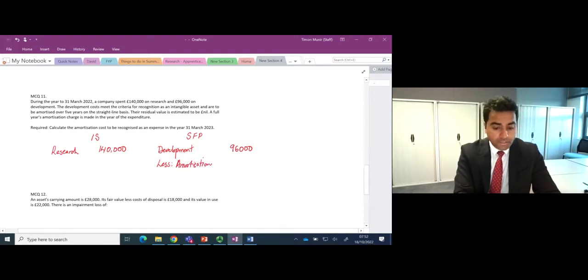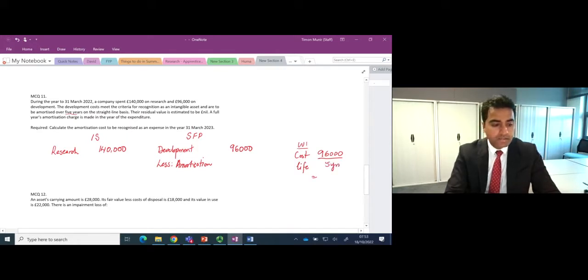And in the question, I've been told that this development cost is to be amortized over 5 years. Therefore, in my workings, I will record the 96,000, which is the cost of the development, divided by the life of the development cost, which is 5 years.